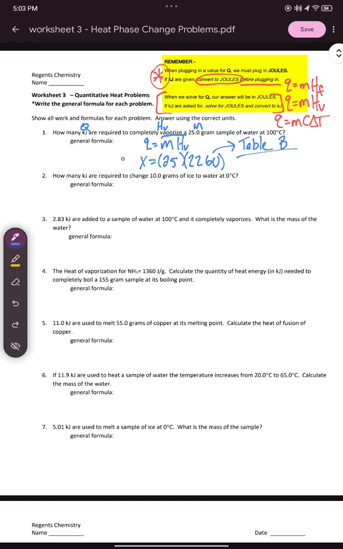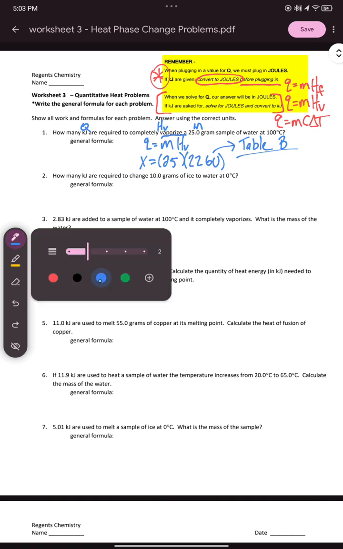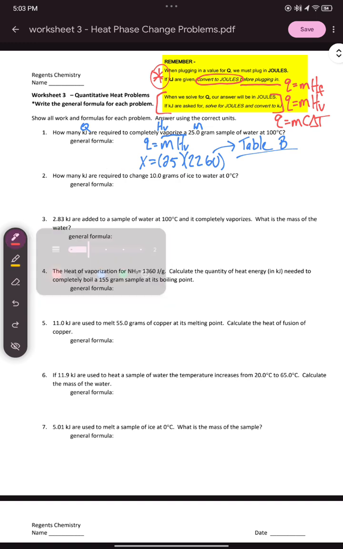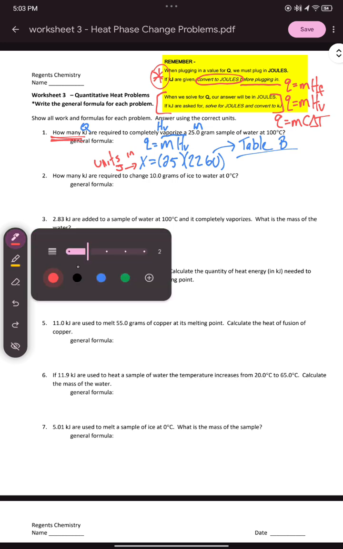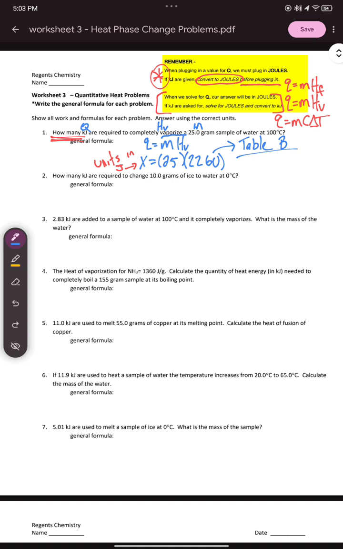Whatever your answer is, this unit, really important to remember, the units here are going to be in joules. So we're going to have to convert back. All right, don't forget to do that because that is a big part of this question.